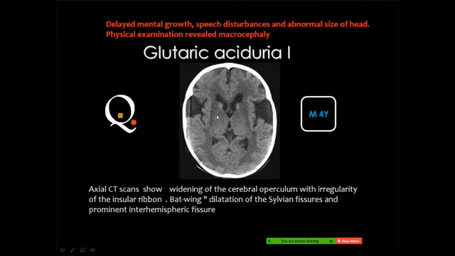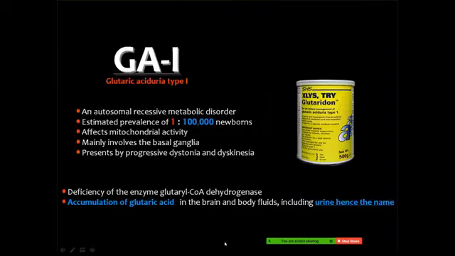some, let us say, atrophic changes or cystic appearances of the sylvian fissure, bilateral and symmetric, together with the classic appearance of delayed mental growth, speech disturbance, and abnormal size of the head. And this is one of the cases also you can diagnose by the presence of macrocephaly.